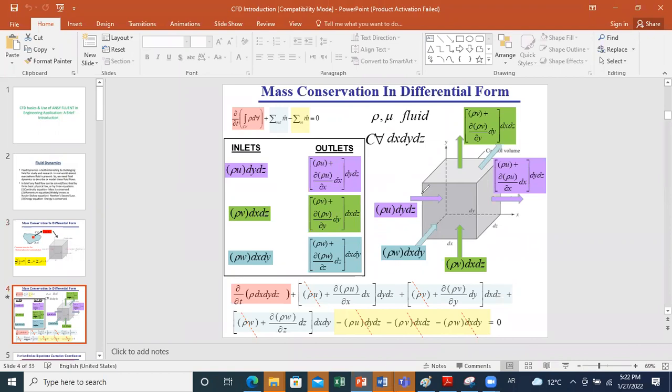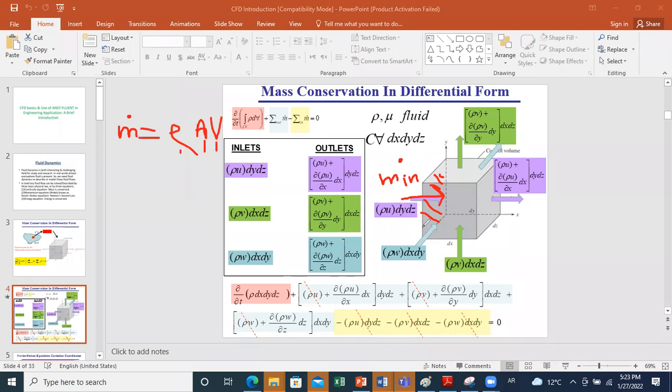If I have flow in this direction, which is perpendicular to the face, I have a mass flow rate coming in. To calculate this mass flow rate coming into this face, you know that the expression of a mass flow rate m dot is rho times A times V. Rho is the density, A is the cross-sectional area, and V is the velocity perpendicular to the face.